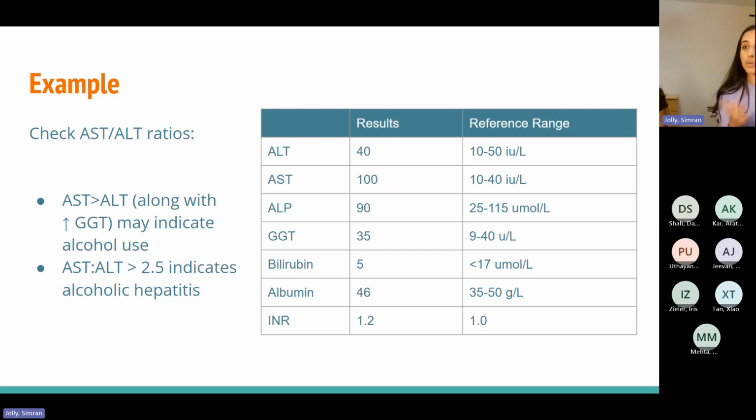Obviously, it's not a hard and fast rule, but it's the most likely answer for SBAs. The way I still remember it is, L is for liver, so ALT is more likely to be your liver marker, and S is for spirits or shots. So the AST is the alcoholic one, and it tends to be larger in an alcoholic hepatitis.